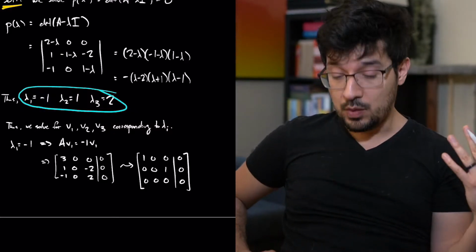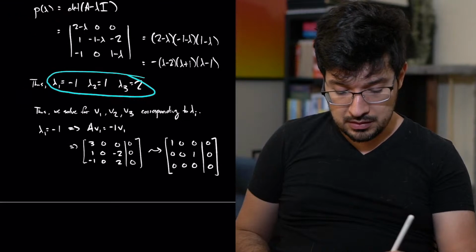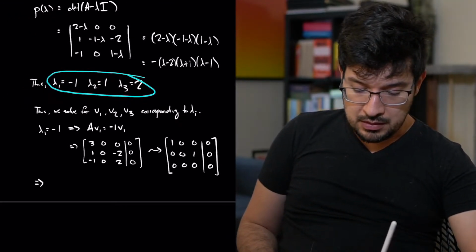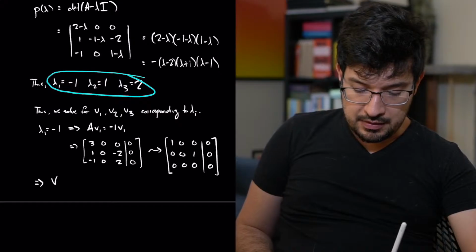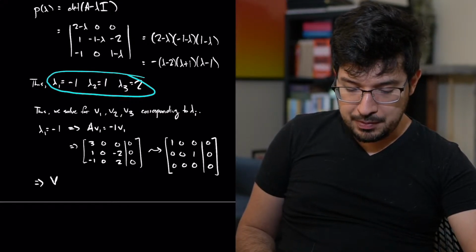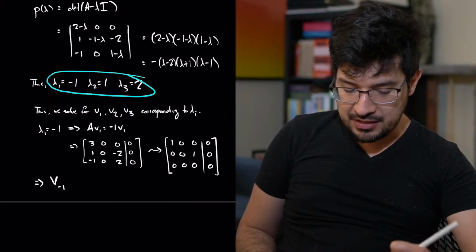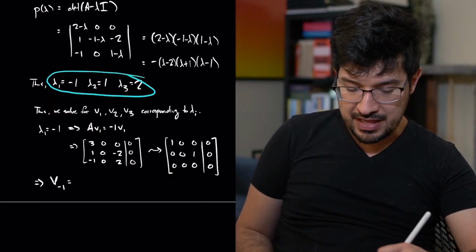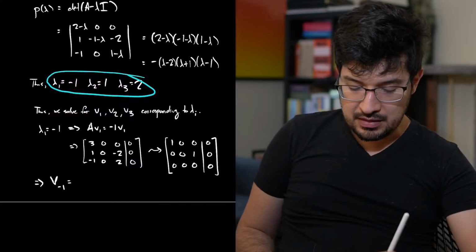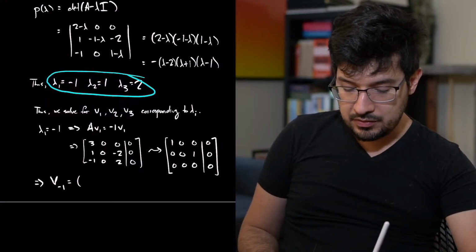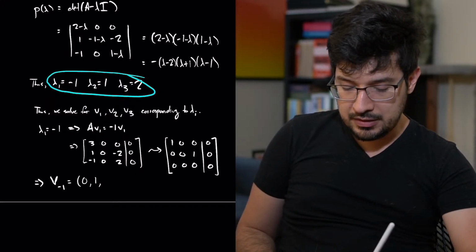So we have one free variable. Therefore, the eigenvector corresponding to -1 (I should be putting the value of the eigenvalue here) is 0, 1, 0.